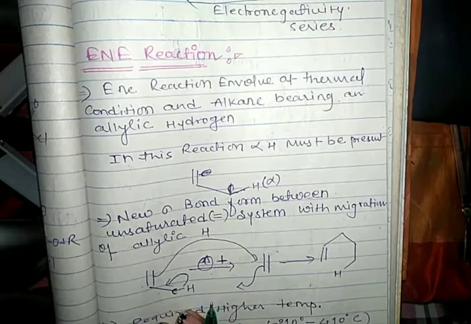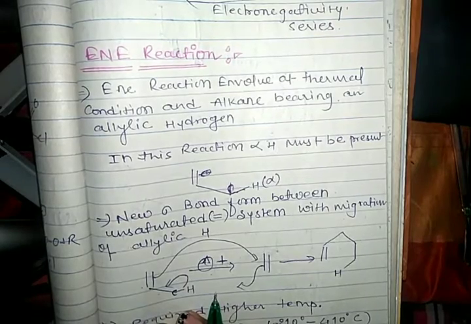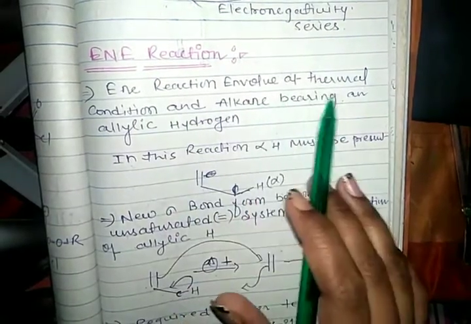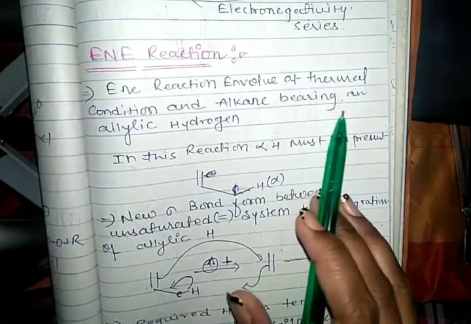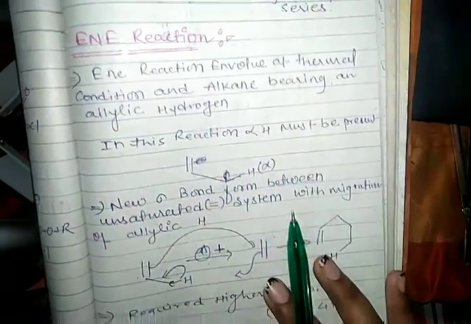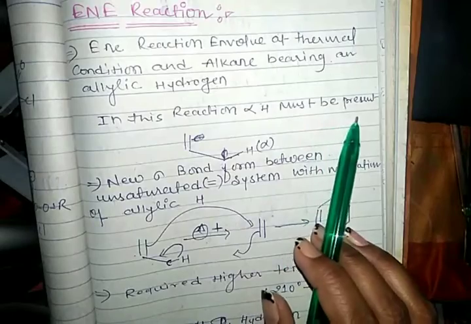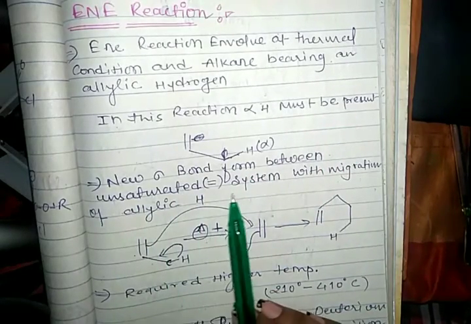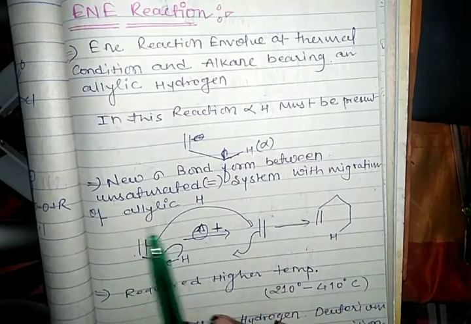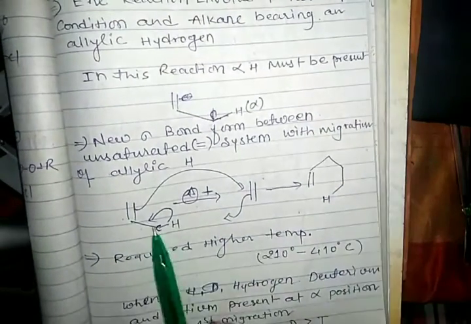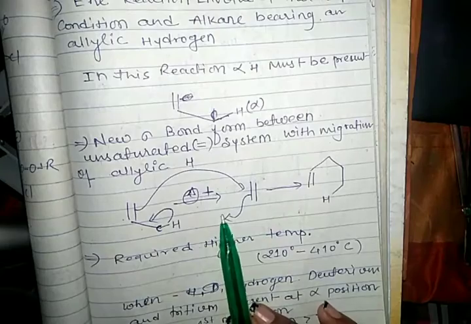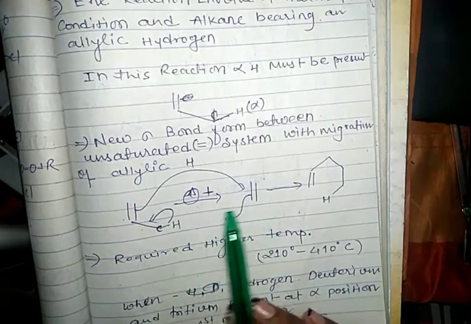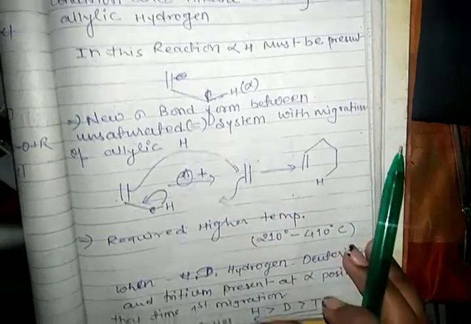Next we see another reaction, which is the ene reaction. Ene reaction involves a thermal condition and an alkene bearing an allylic hydrogen. In this reaction, alpha hydrogen must be present. A new sigma bond forms between the unsaturated system with migration of allylic hydrogen. So this is the condition of how a sigma bond forms with migration of allylic hydrogen.